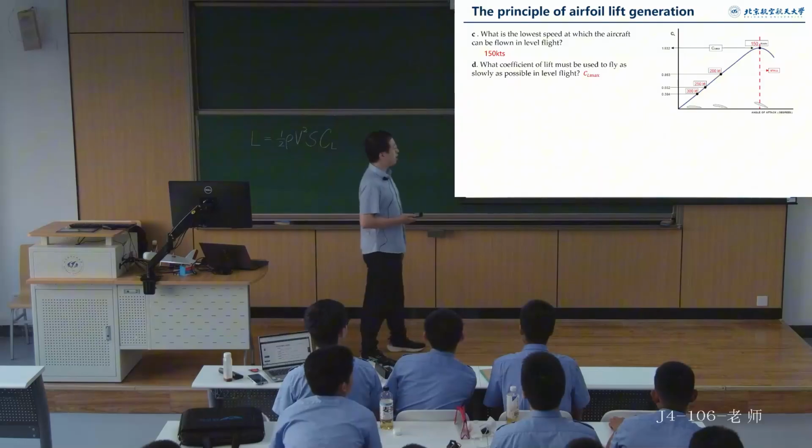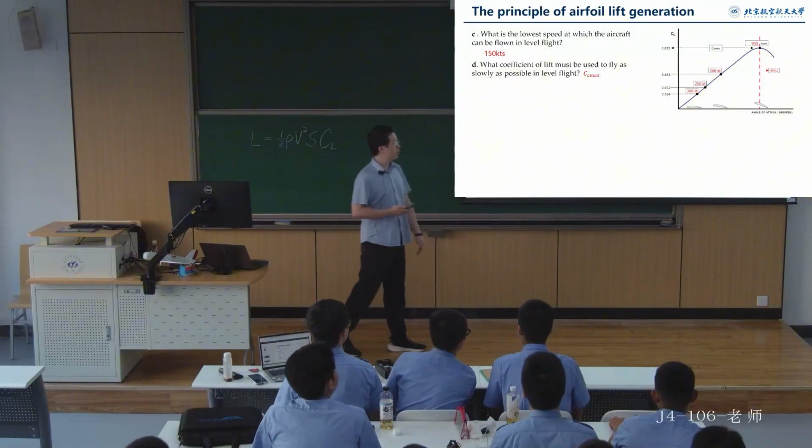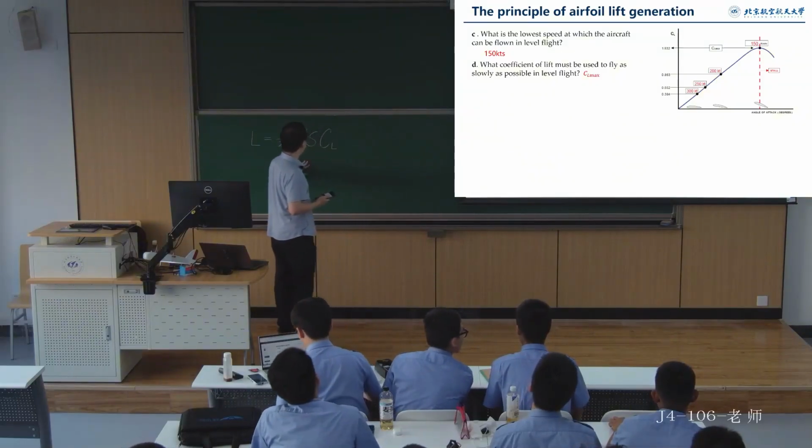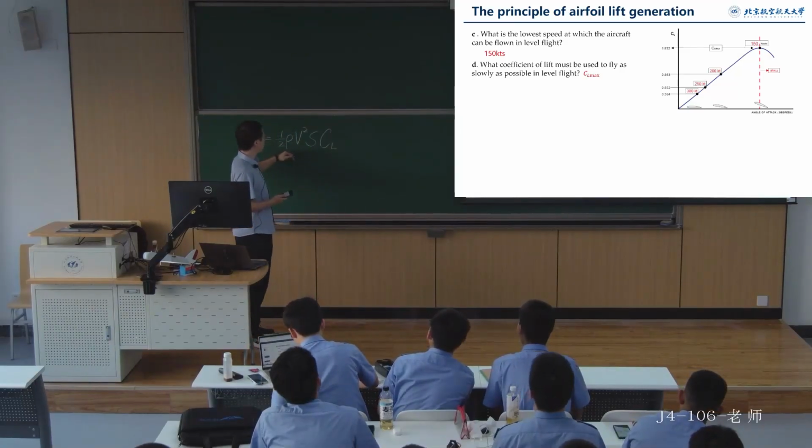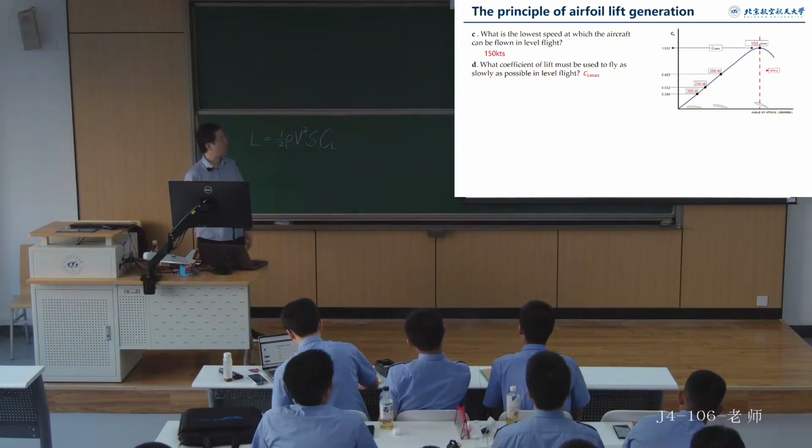Here, I'll explain again for everyone. If you're worried that I'm leaving something out, is there truly a one-to-one relationship between true airspeed and the aircraft's angle of attack at a certain altitude?